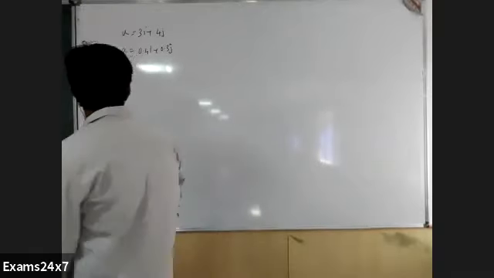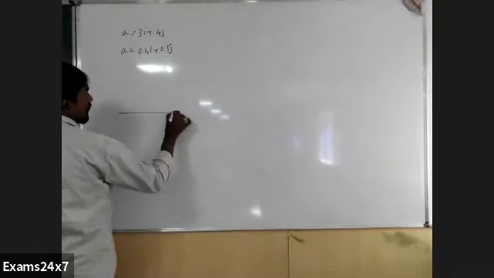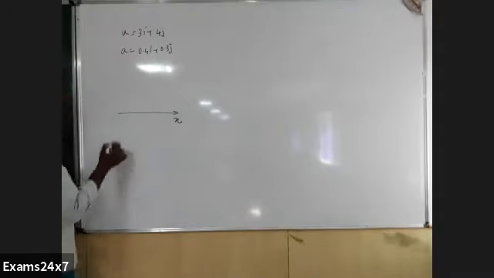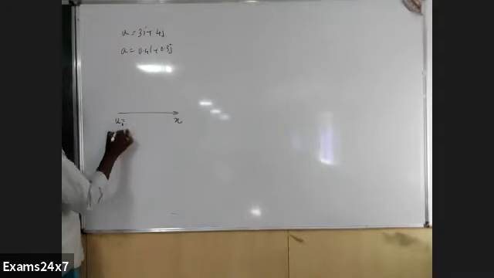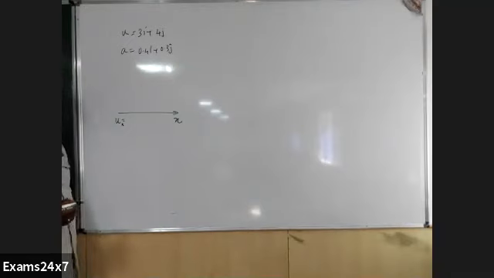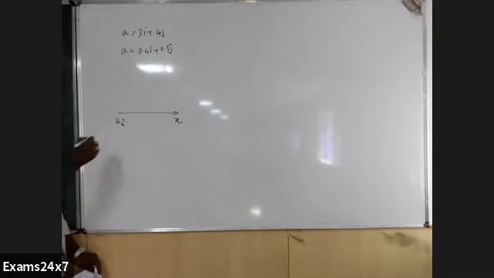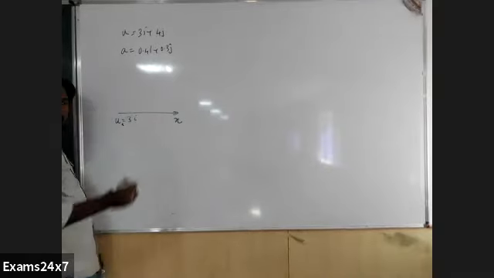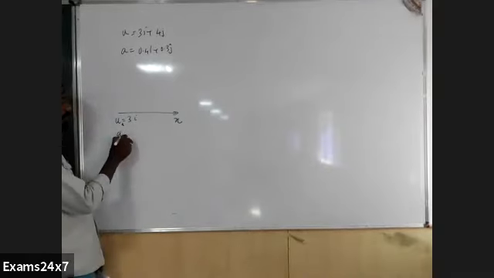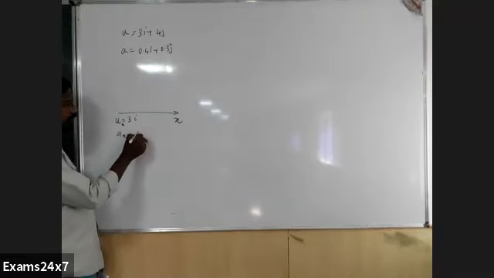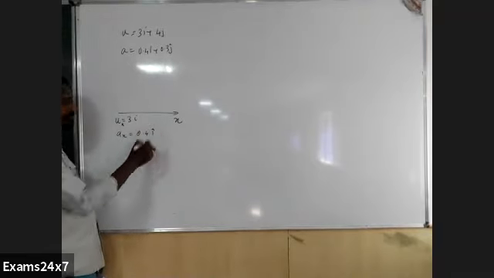Same way here, if I consider only x axis, what is initial velocity? ux. Initial velocity along x axis is 3i. What is acceleration along x axis? 0.4i. Correct.